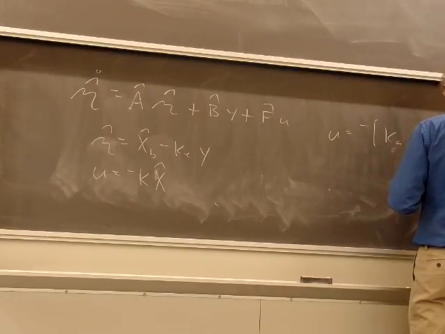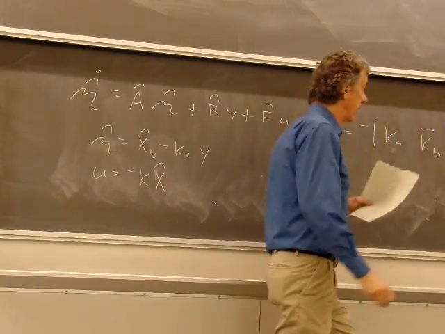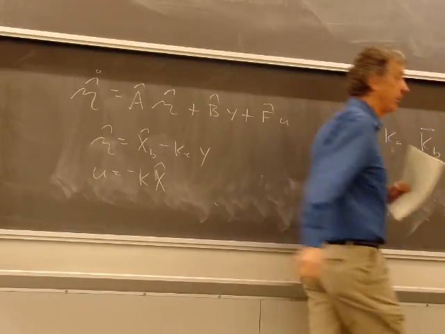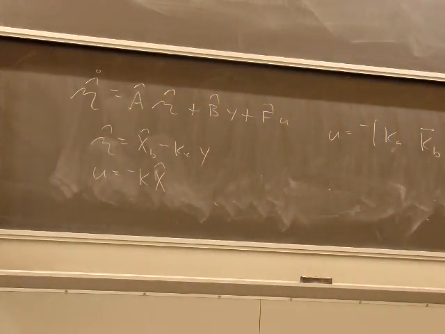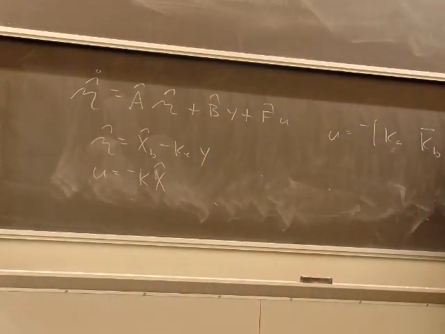Because y is our known state, we're able to measure that. This is simply minus Ka y minus Kb, a vector of those, which are multiples of those. So these are measured. These are estimated.